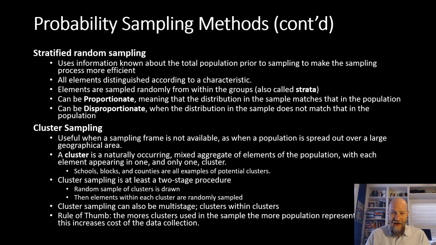For example, if I have gender information, if I have socioeconomic status information, if I have some kind of characteristic that I already know about everybody within that population, then I can distinguish every single element based upon that characteristic. And I can create what are called strata. I can break the larger population into groups, into strata, and then I randomly select from each of those strata.